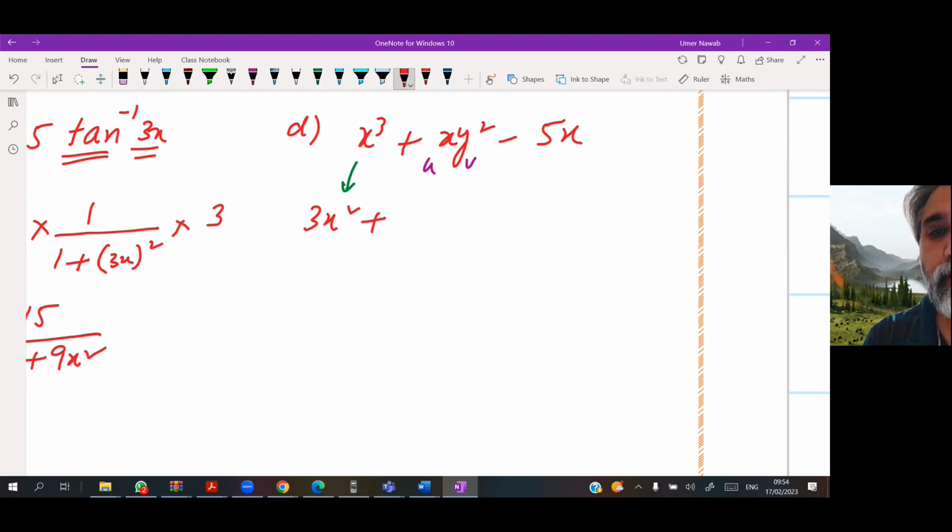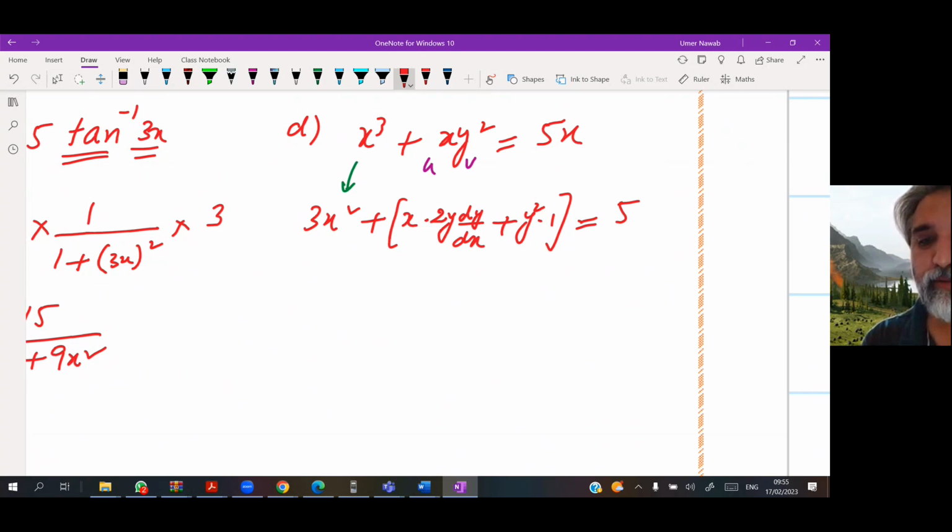The product rule. You write here x as it is. The derivative of y squared is 2y, further derivative of y is dy by dx. This is the derivative of y squared. Then plus leave y squared, the derivative of x is 1. And then the right side is 5x.